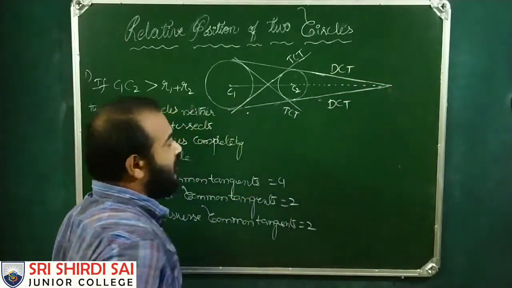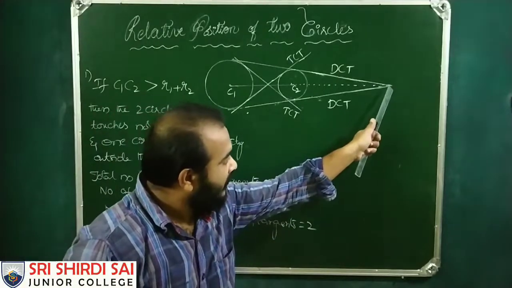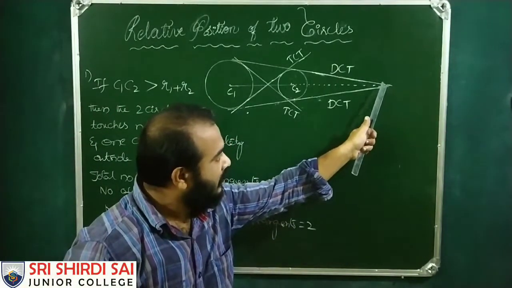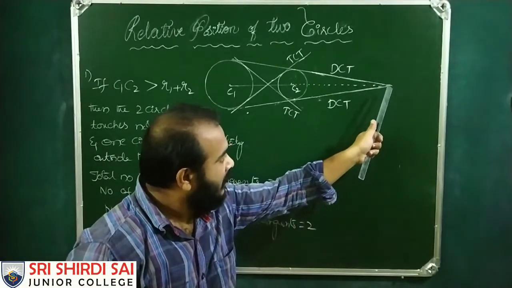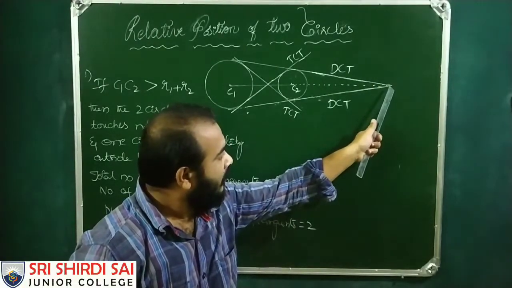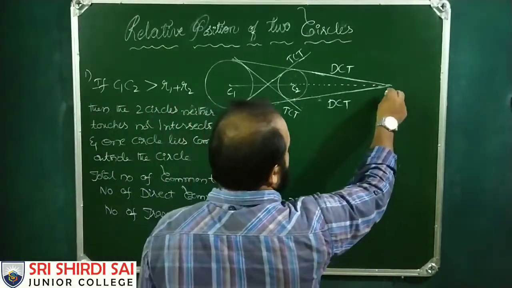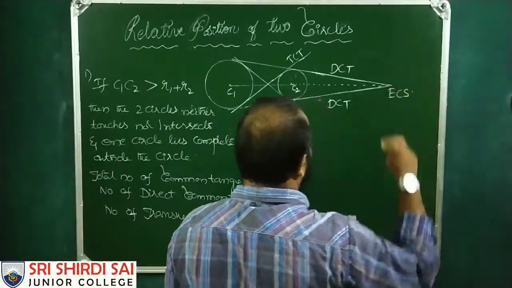This point of intersection of the common tangents lies completely outside the line joining C1 C2. So this is what is called the external center of similitude.